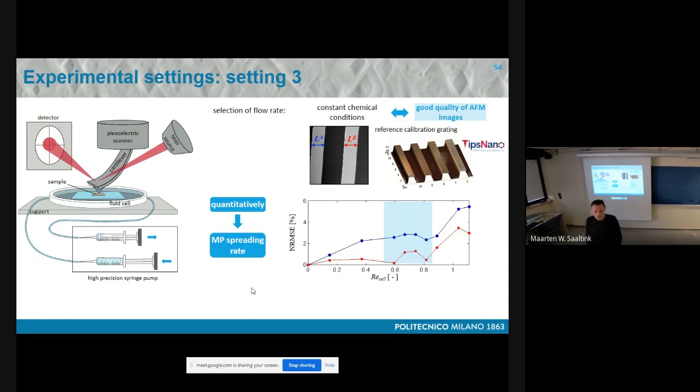However, in the experiments that we analyzed with him, the sample was in contact with the solution, and then you had to take it out, measure the surface, and place it back in, which means that you could not place it exactly in the same position. So you could come up with only average reaction rates and not the full spatial distribution. The original variable that you measure is not the reaction rate, it's the topography.